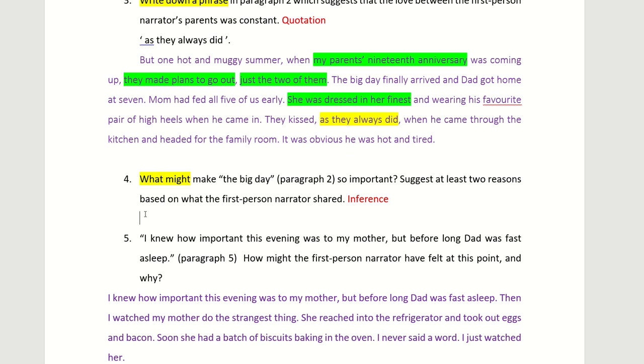Have you written down? Good. It's important that you try. So what might make the big day so important?